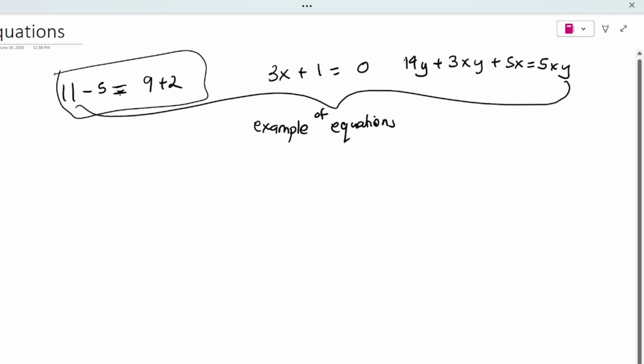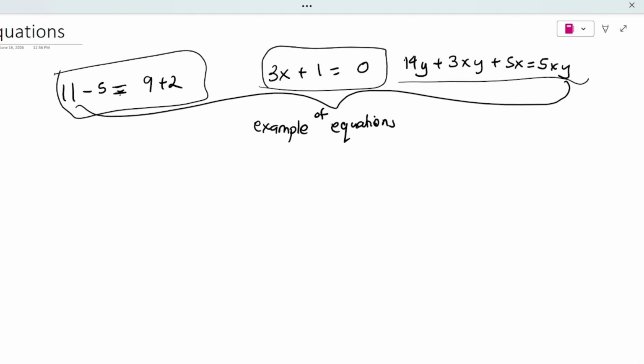This is a variable expression, and this is another variable expression. For example, you're solving a variable expression and you have different values of x or y or any other number that you're trying to find.